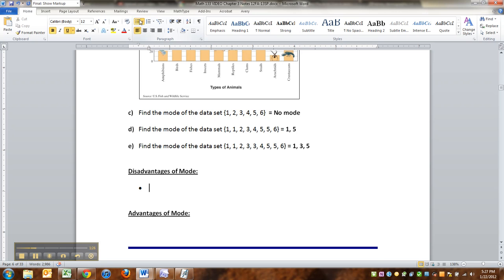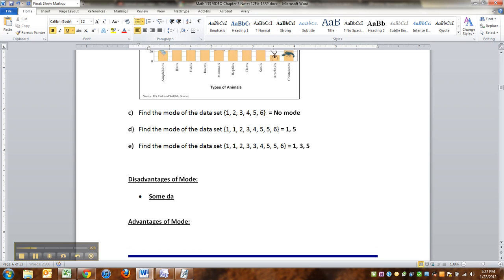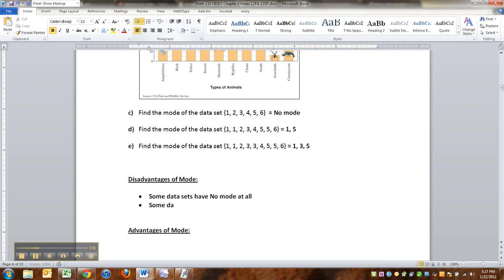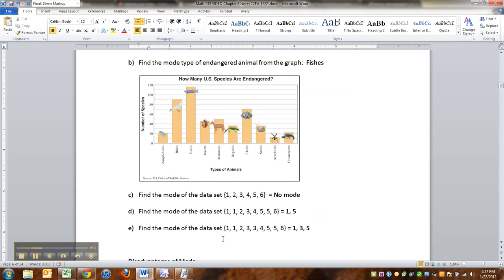So with mode, some data sets have no mode at all. Some data sets have 2, 3, 4, plus modes. Let's see, the mode is easy to calculate, so that's an advantage.